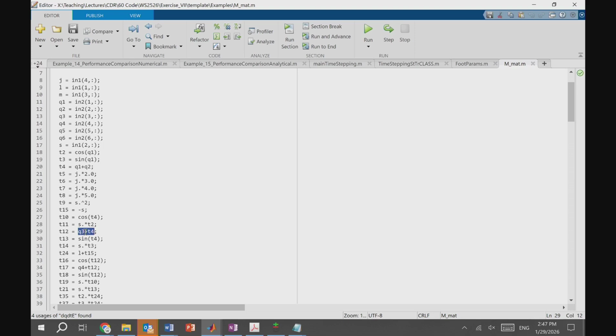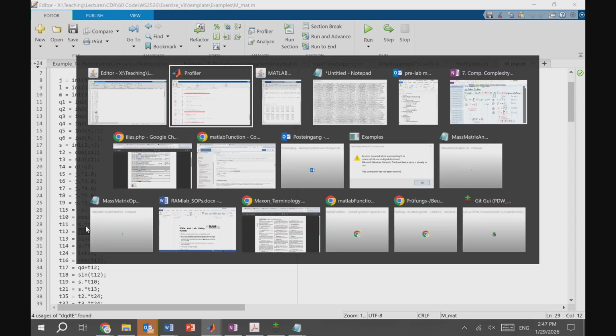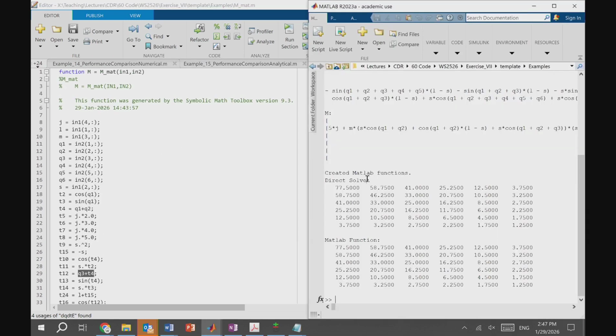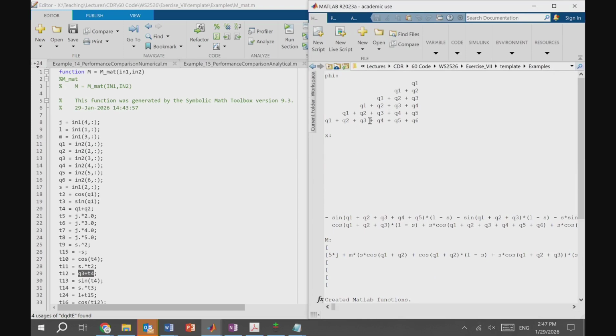So somehow MATLAB figured out that there's a recursive scheme, that this expression Q1 plus Q2 that we saw here shows up multiple times, and rather than computing it 1, 2, 3, 4, 5 times, it computed it once and then reused that intermediate result.